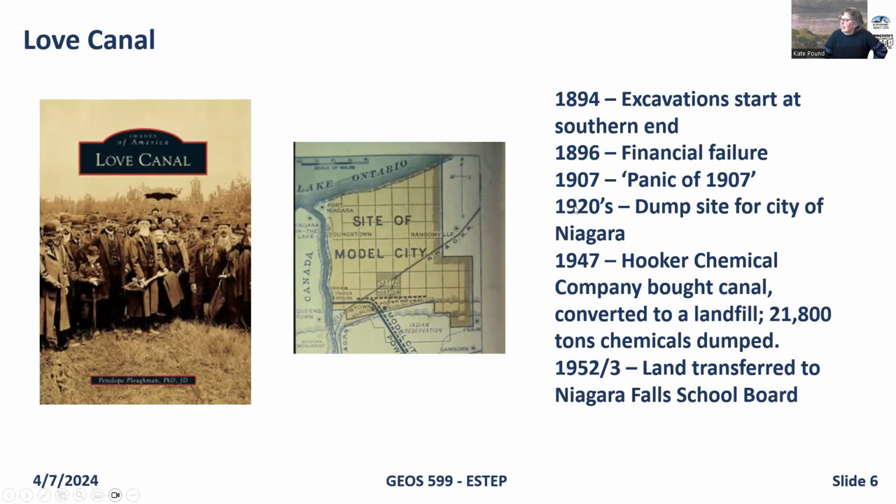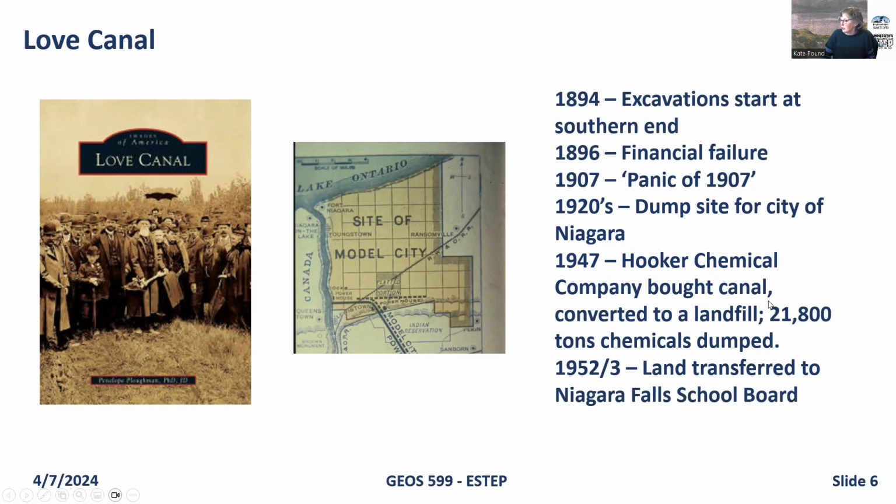And so in the 1920s, it effectively became a dump site for the city of Niagara. So this was in the era when no one was thinking about the connection between what got dumped in a depression and its impact on groundwater or anything else. Well, this area was bought by the Hooker Chemical Company.